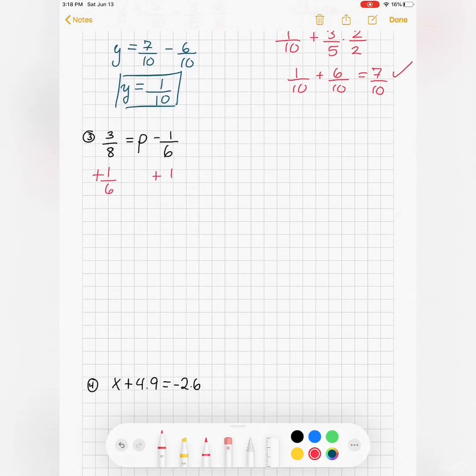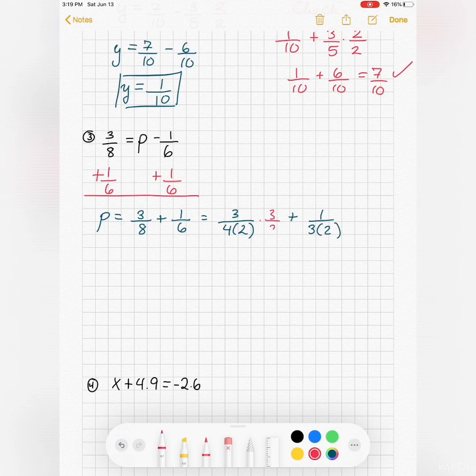Add a 1/6. Three eighths plus 1/6. Okay, so let's see, what is the LCD there? 8 is 4 times 2. 6 is 3 times 2.